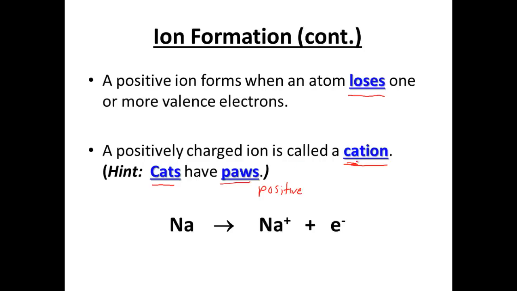An example would be sodium losing an electron to become positively charged, since an extra electron would have been lost or donated away. So sodium would give up an electron to become a cation, a positively charged ion.